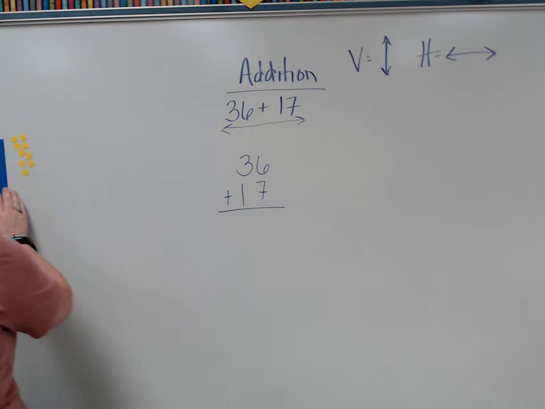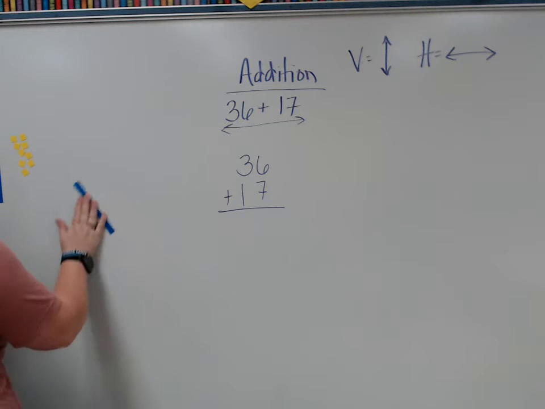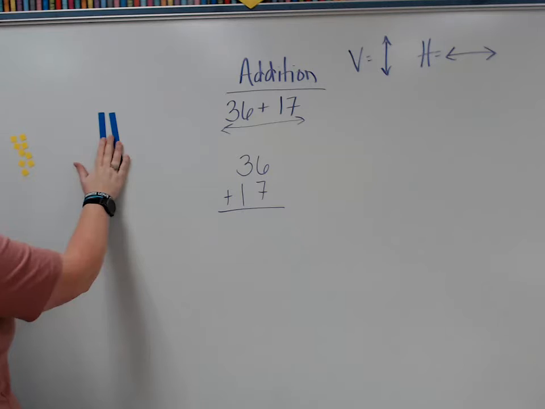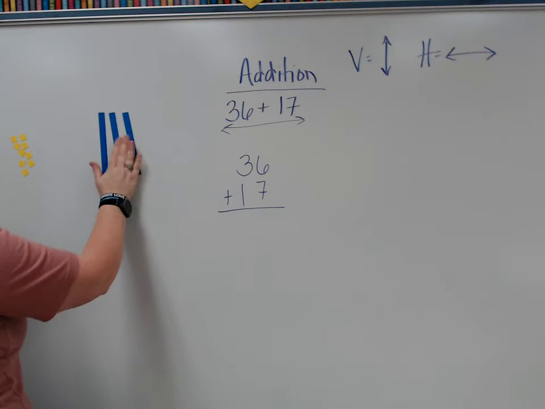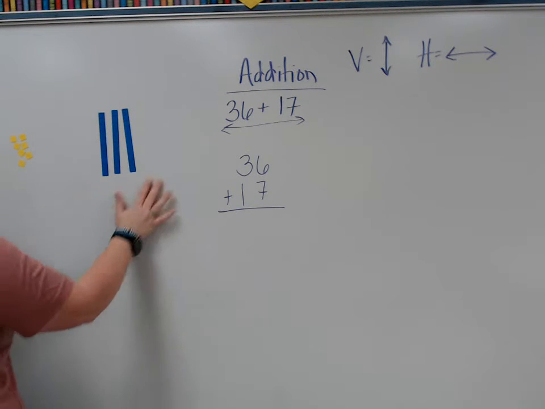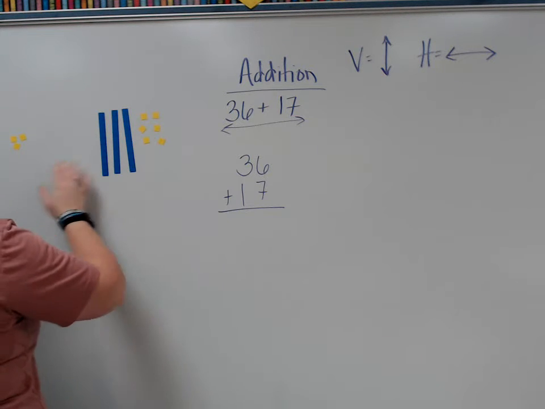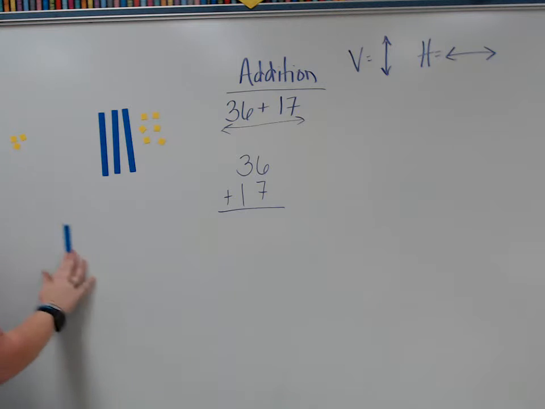So I have 36. So I have 10. Y'all see that? Yep. 20, 30, and then 2, 4, 6. So that's 36. And then I need 17.